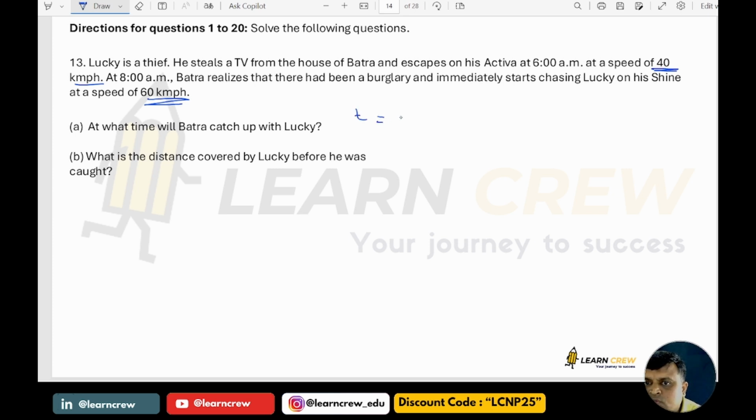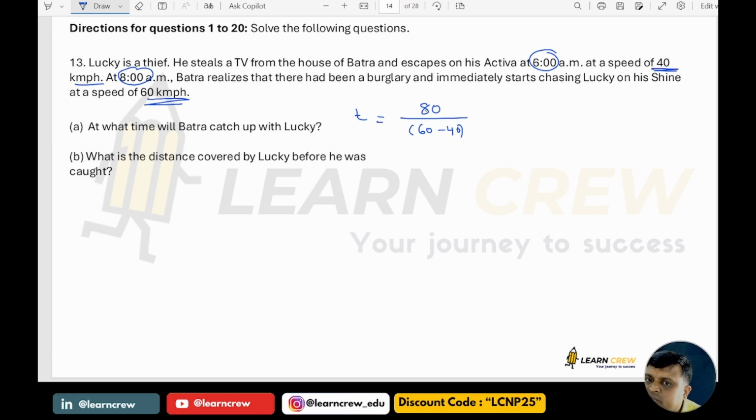See, one is at 6 a.m., the other is at 8 a.m. In these 2 hours, the thief already traveled 2 into 40, 80 kilometers. Now Batra started with a speed of 60 km per hour. Time is equal to distance by speed. Both are traveling in the same direction, so we subtract 60 minus 40.